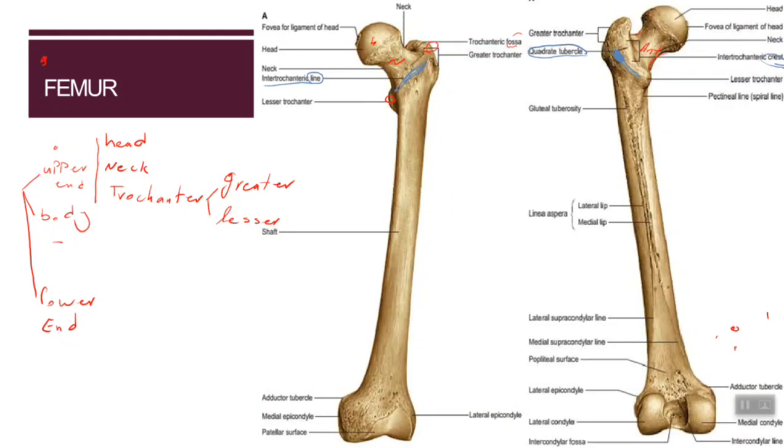About the trochanters: the greater trochanter is like the greater tuberosity in the humerus. The greater trochanter is quadrangular, at the upper end of the junction of the neck with the shaft, you can see here. This trochanter has one apex, the upper part, and three surfaces.